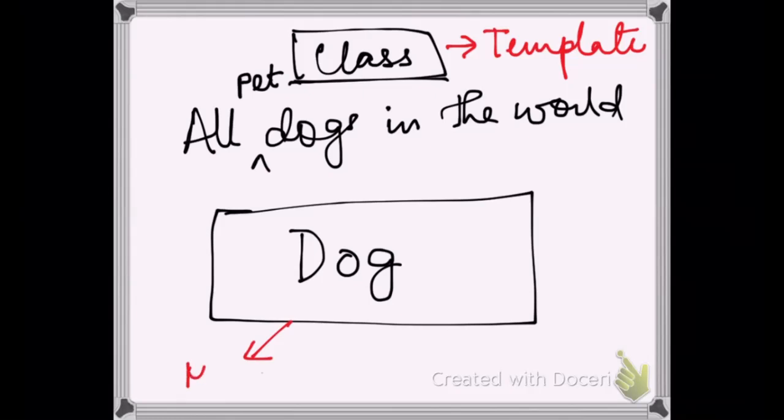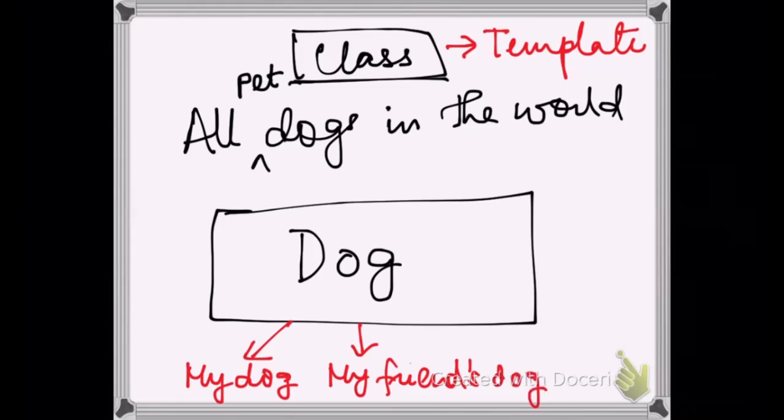So my dog belongs to this class of dogs. My friend's dog also belongs to this class of dogs. My student's dog also belongs to this. My neighbor's dog also belongs to this. Like this, every pet dog in the world will fall under this classification of dogs. So this is a class.